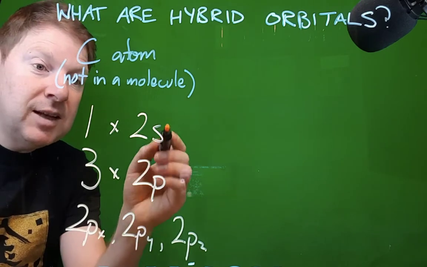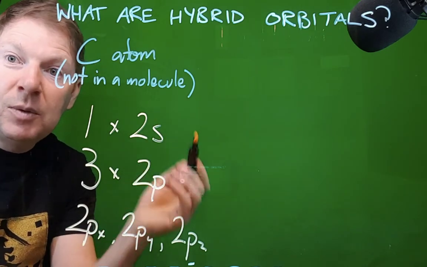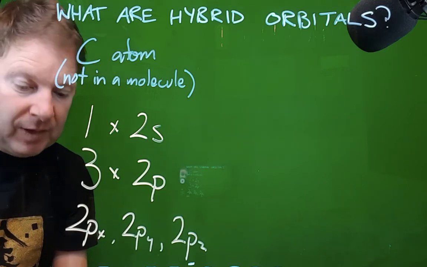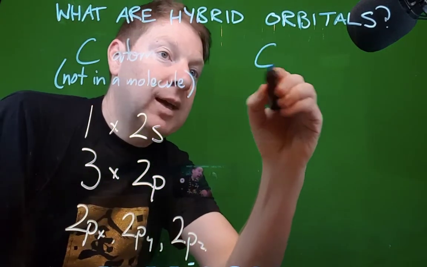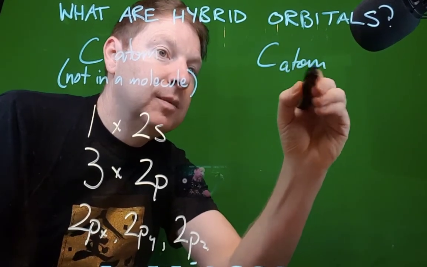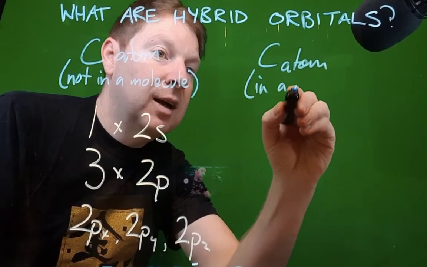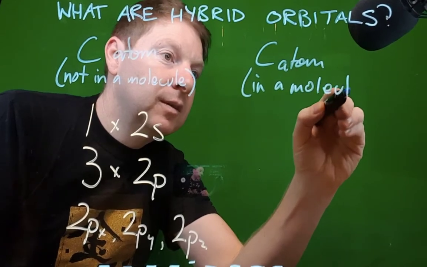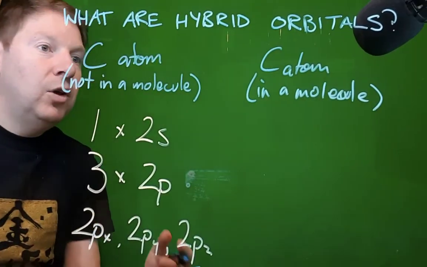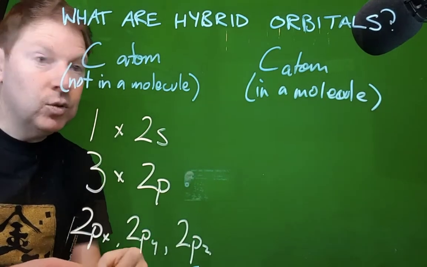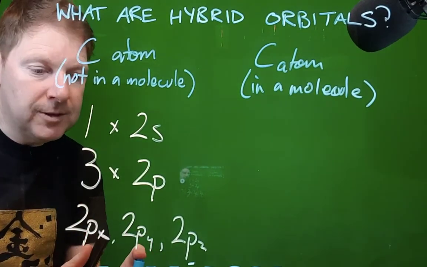So it would be an s, a p, a p, and a p, so we would call that sp3. So in this case, if we're talking about a carbon atom in a molecule, then you would get these different sorts of orbital situations.